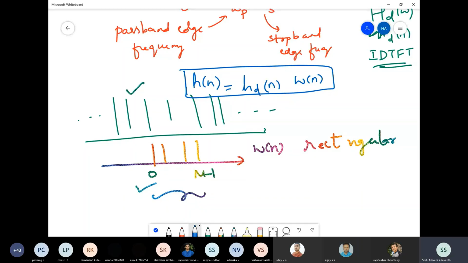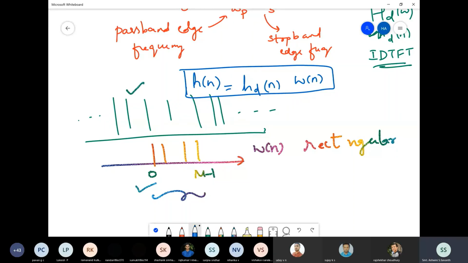So what we do is we multiply this with a rectangular window of size m, defined from 0 to m minus 1. So we pick out only those samples in the interval 0 to m minus 1, and that will be your desired FIR filter coefficients, h of n.